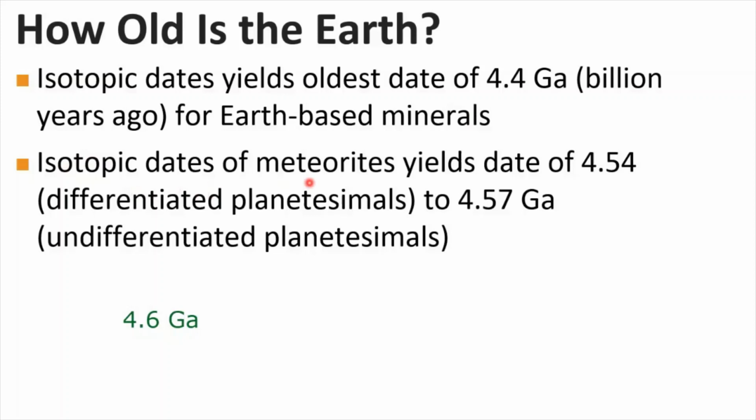And so we date what are called meteorites, which are chunks of the early solar system that come to Earth, and we can radiometrically date them. They came from the formation of the solar system just like our Earth did. And those yield dates of 4.54 to 4.57 billion years.